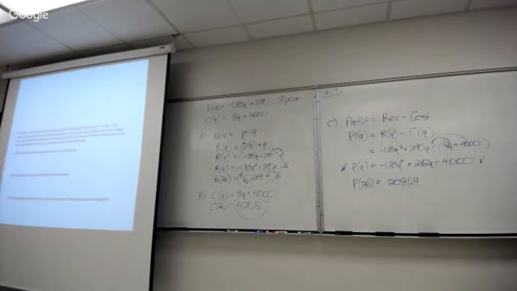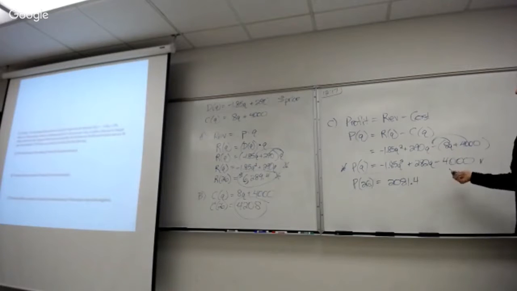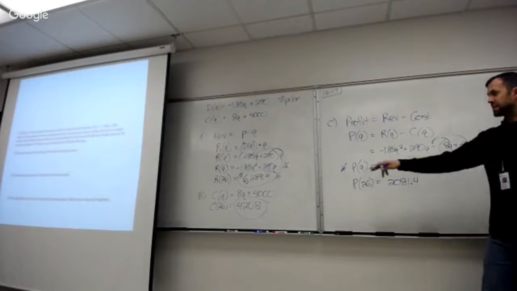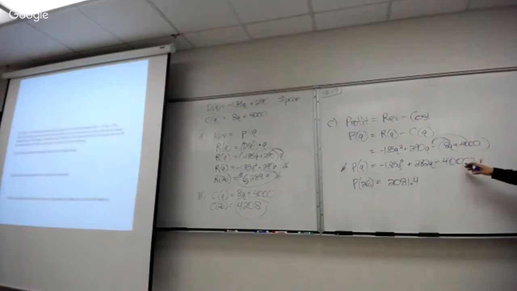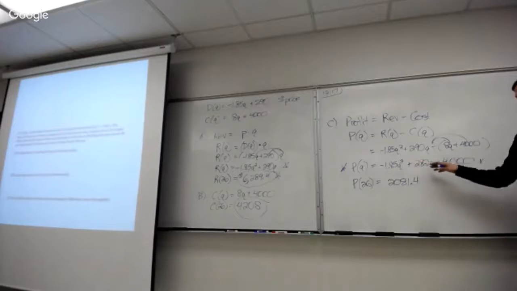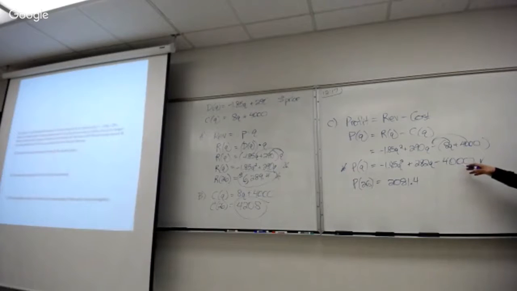So again, the spidey senses. You might be like, why are we doing all this? Well, because you might still want to know your profit formula. Just because you could have subtracted those two to get directly to this answer, knowing the profit formula is helpful because now you could take the derivative of it and talk about marginal profit. Right? So there was a value to getting this formula.